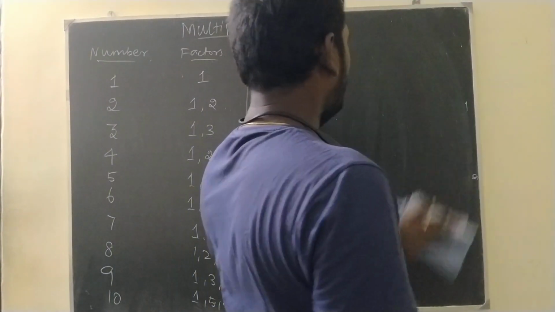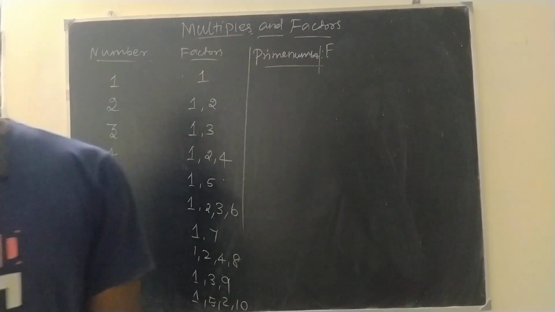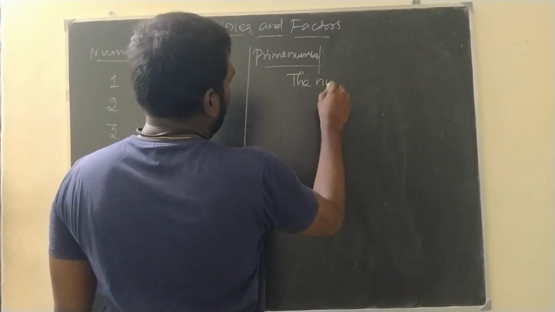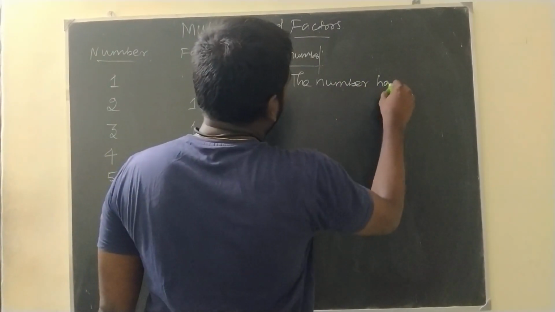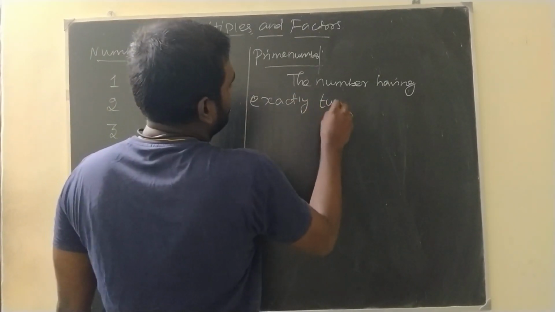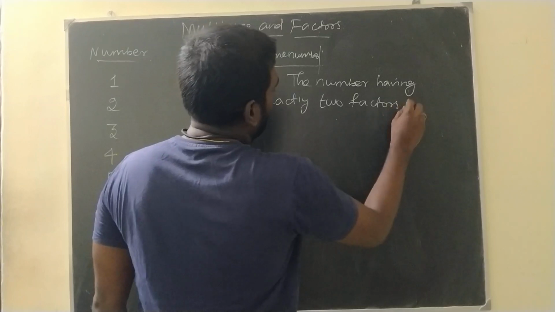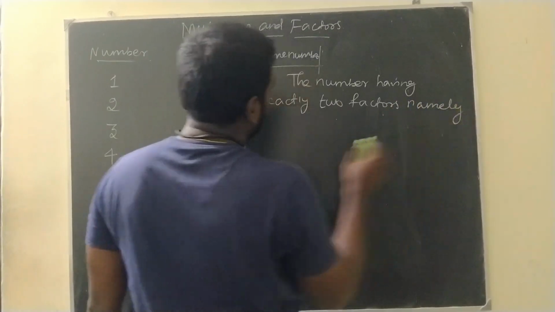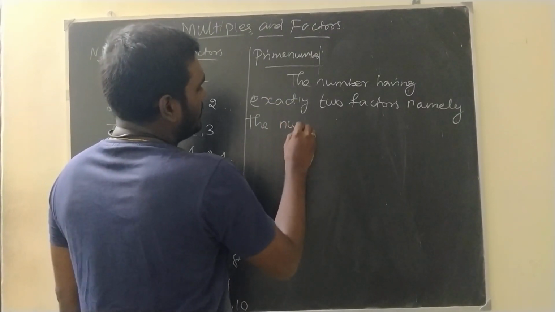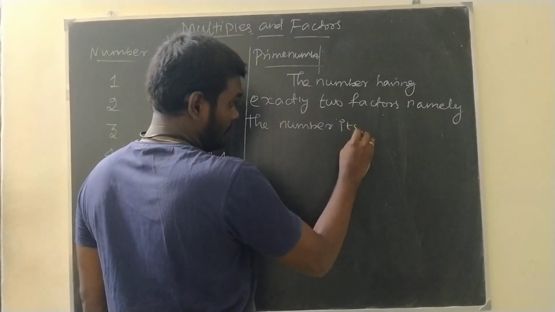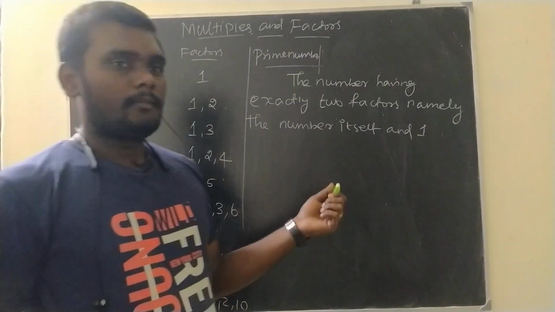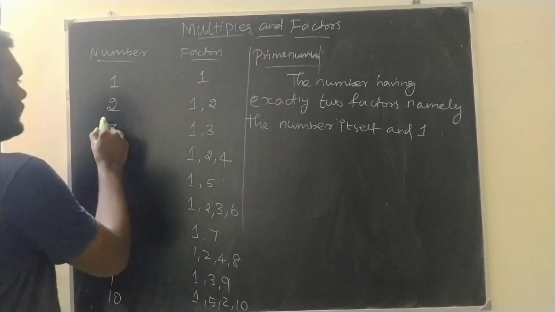Prime number means the number which is having exactly 2 factors, namely the number itself and 1, which means unity. So, we just classify the numbers which are having only 2 factors.